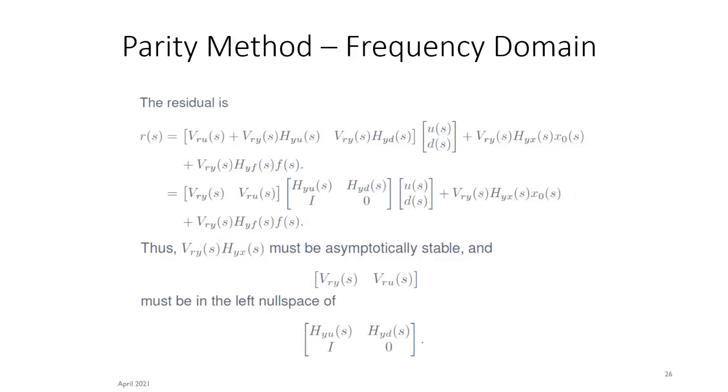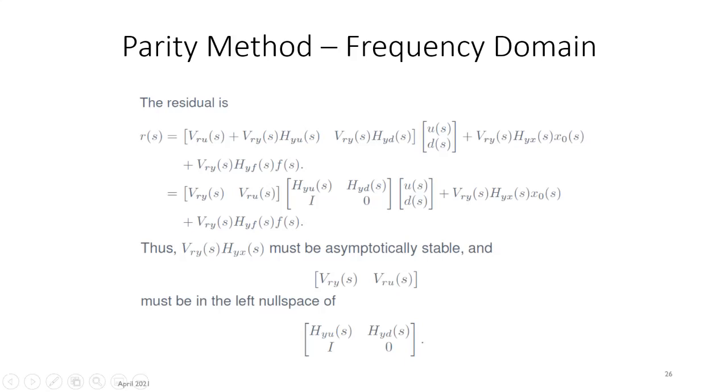So it's a bit more challenging compared to what we had, because when we have s, it also has some meaning in the frequency domain. So when we are selecting V_R,Y and V_R,U, also think about, because V_R,Y also appears here, think in terms of the frequency response of V_R,Y. How should we select that?